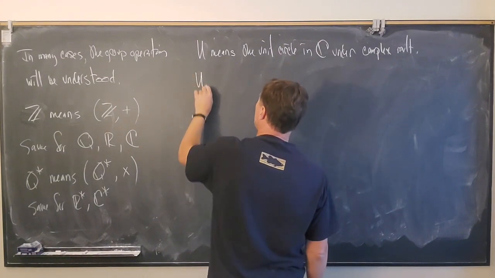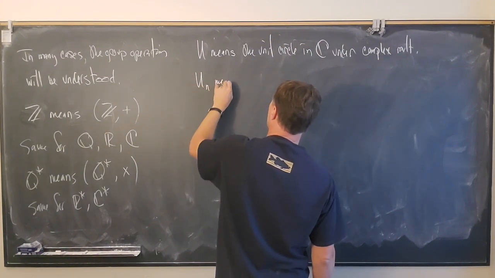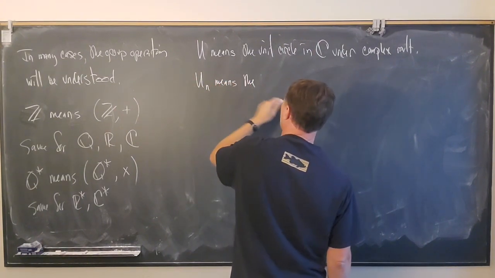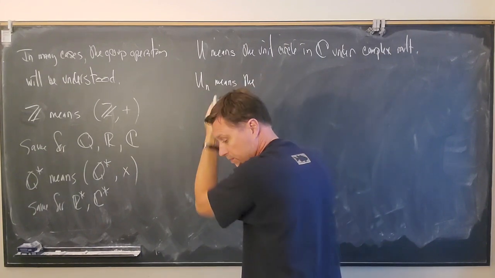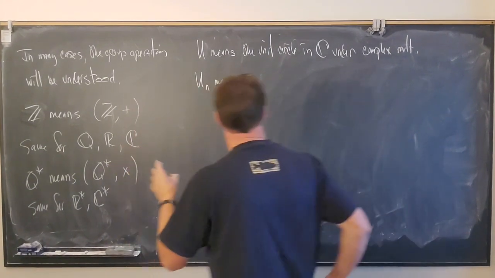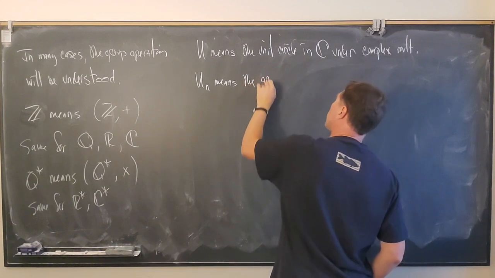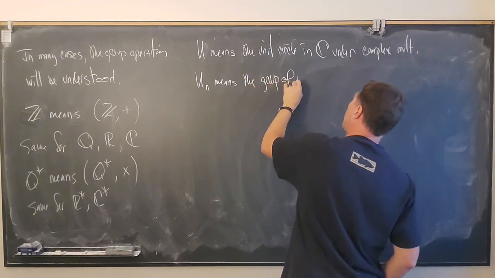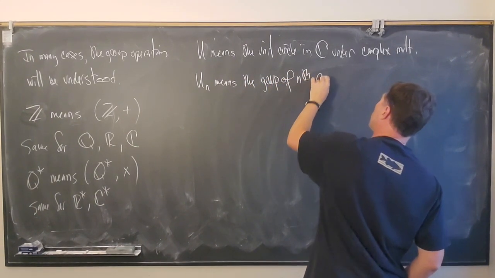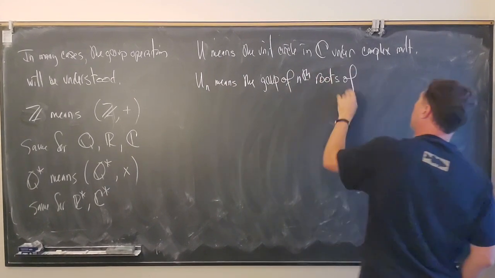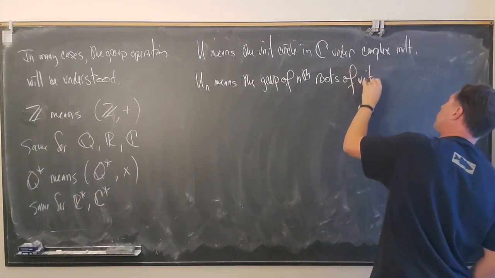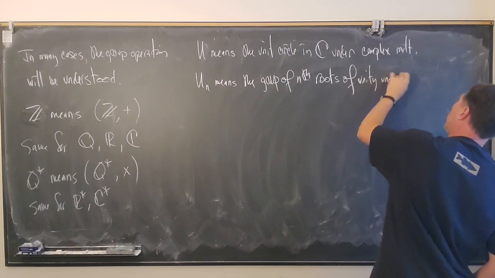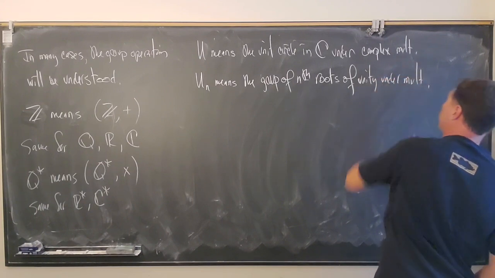U sub n means the group of units, the nth roots of unity. So it means the group of nth roots of unity under multiplication of complex numbers.